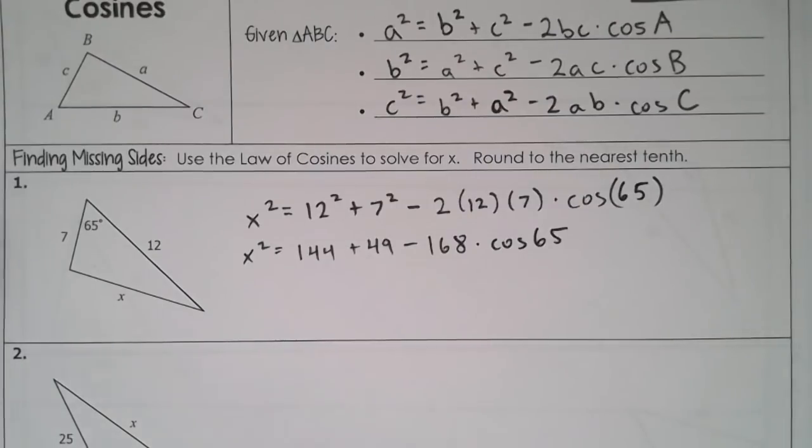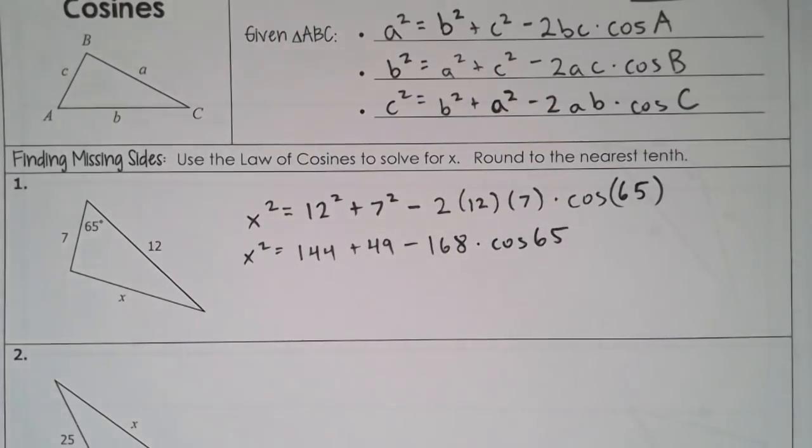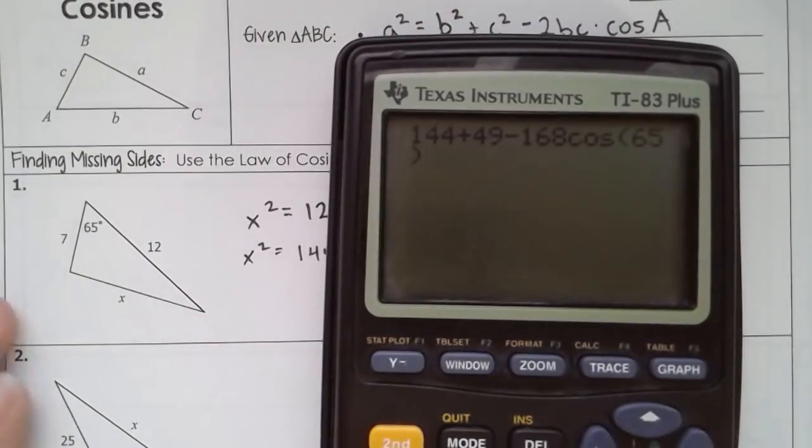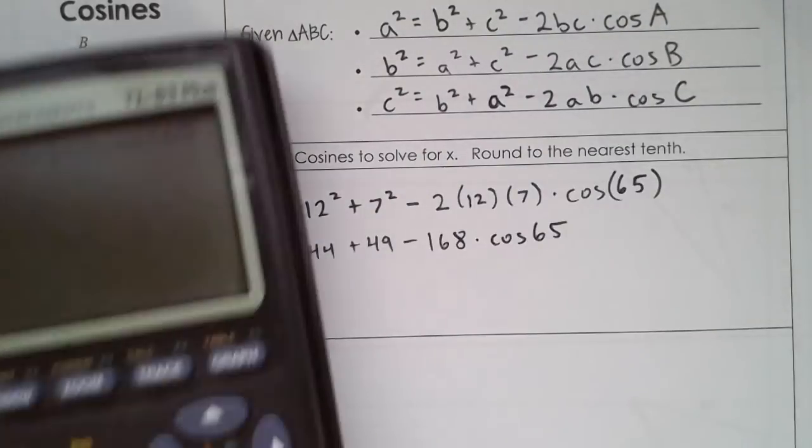In your calculators, you can input all of this carefully. Make sure you're in degree mode. I'm going to show you what it would look like. So I have 144 plus 49 minus 168 cosine of 65. Here's what it looks like on my end.